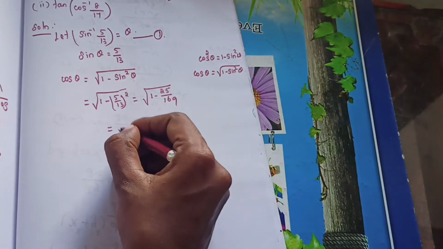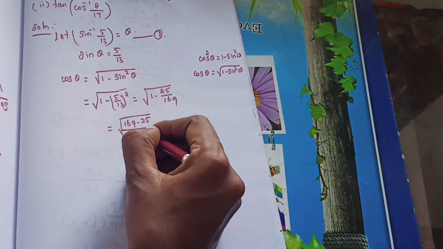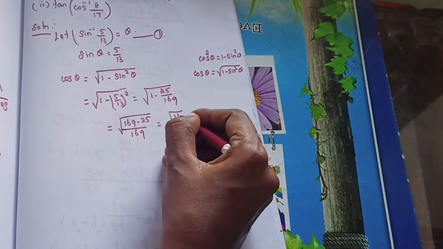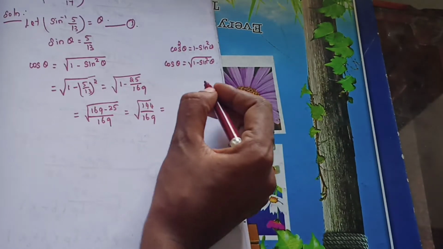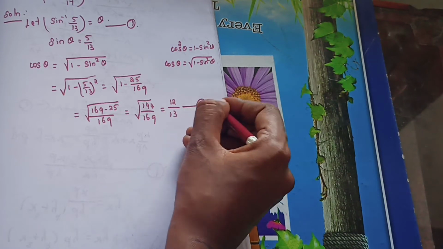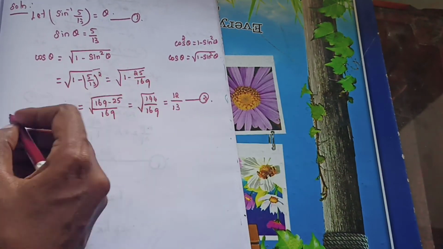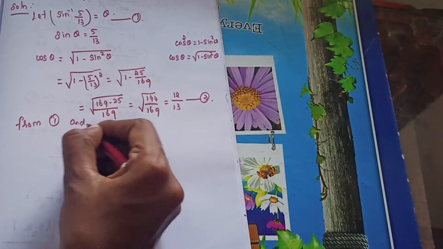Simplify: square root of (169 minus 25) by 169 equal to square root of 144 by 169. Taking outside the square root, you will get 12 by 13. So this is equation number 2. From 1 and 2, we are going to simplify.